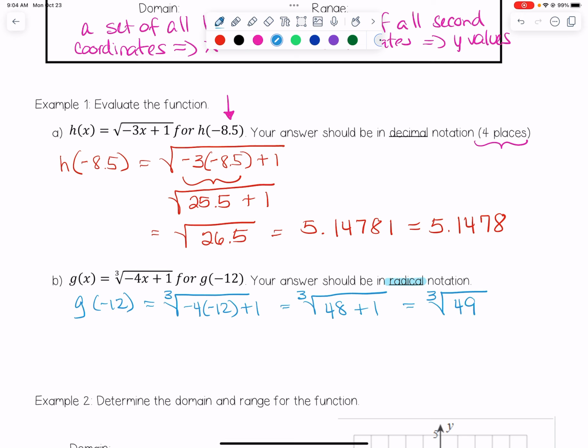And I don't think that has any perfect cubes in there. And so I would just leave my answer like that. Okay, so that should be in radical notation.